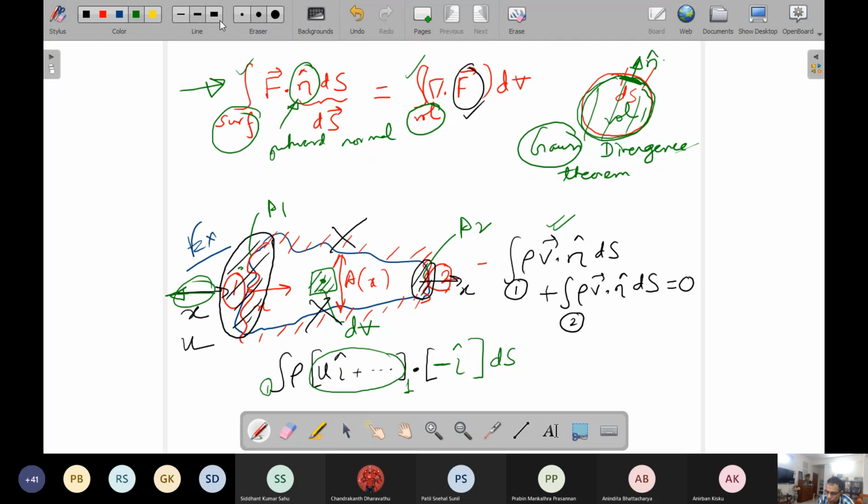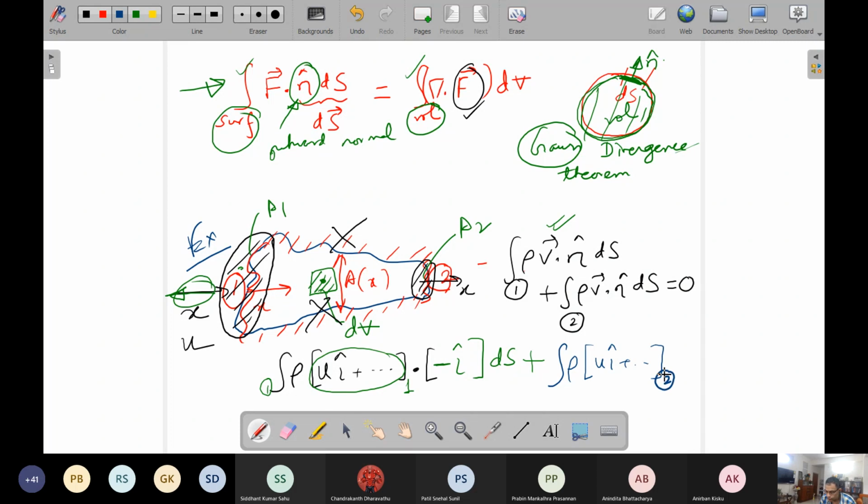Similarly, for the surface 2, so let us write that plus integral of rho. Then you have this again u i plus whatever.